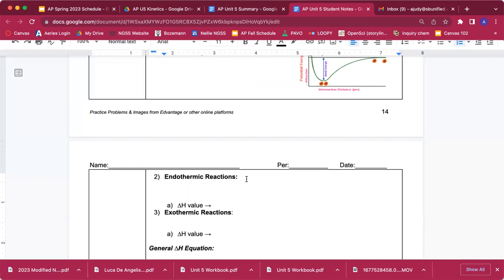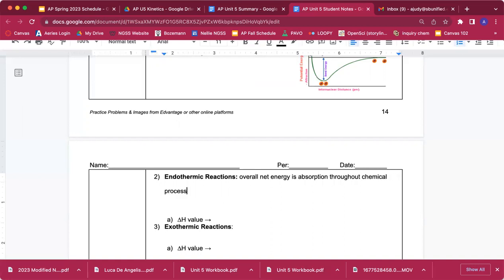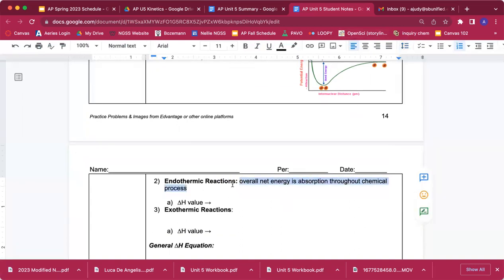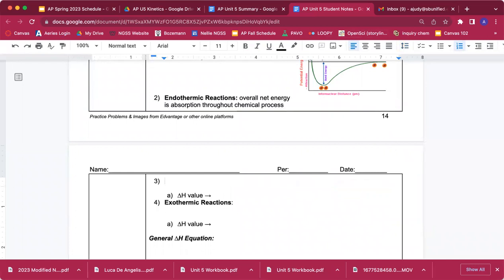An endothermic reaction is categorized when a reaction's overall net energy is absorption throughout the chemical process or the reaction. For example, and let me change this to single so we can space it in.